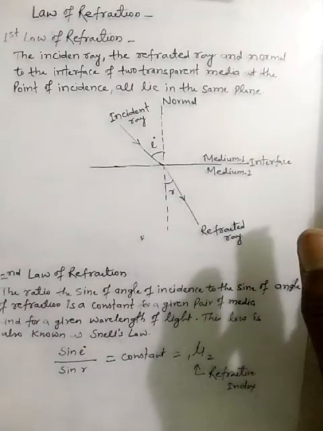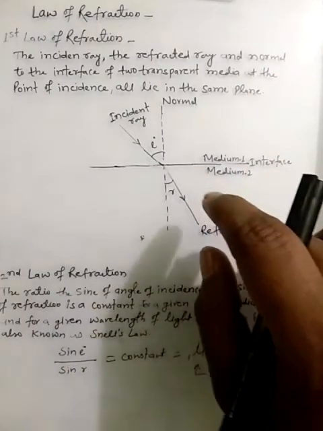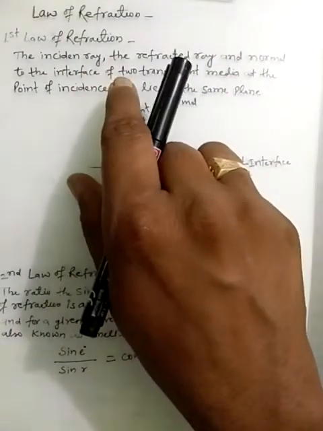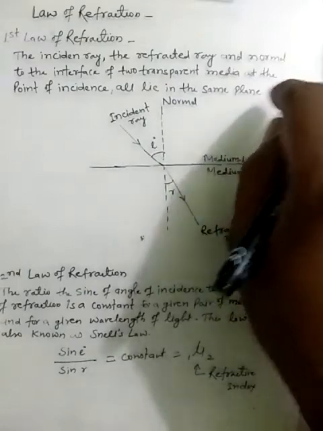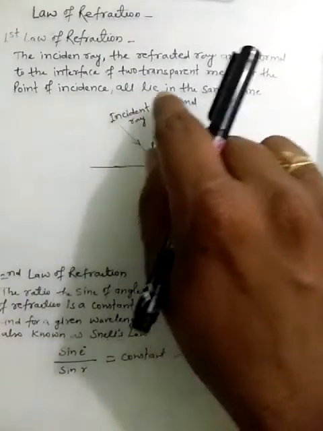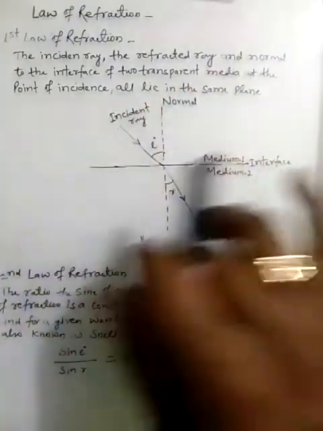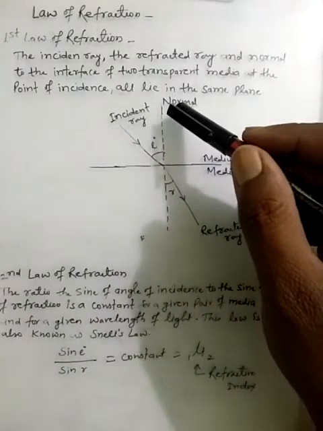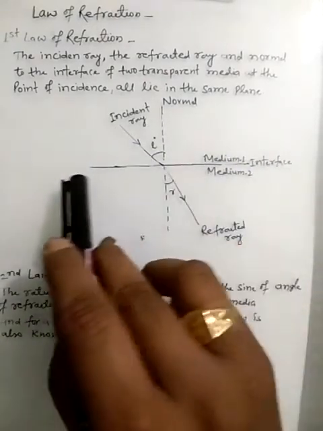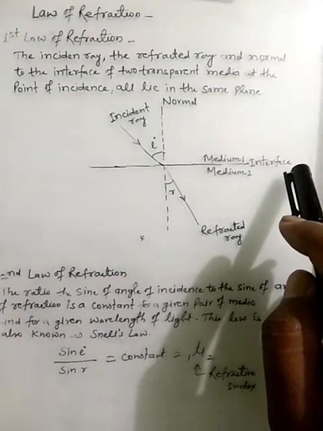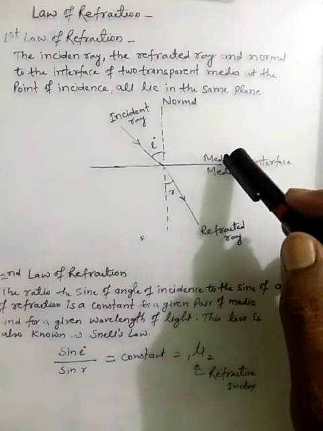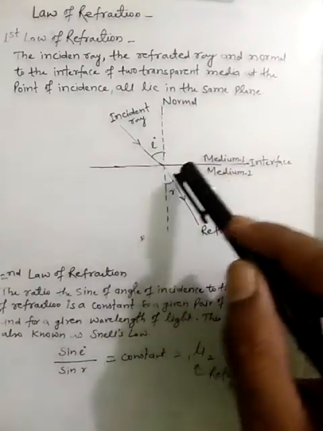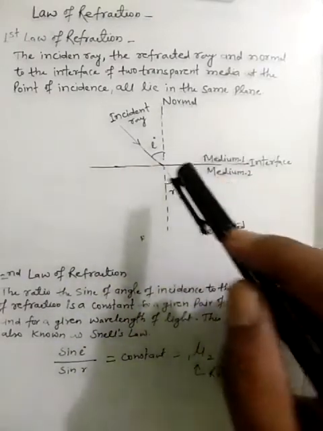The first law of refraction states that the incident ray, the refracted ray, and the normal to the interface of two transparent media at the point of incidence all lie in the same plane. This is the diagram. This is the incident ray. This is the normal, and this horizontal line is the interface between medium 1 and medium 2, and the normal is a line drawn perpendicular to the interface.